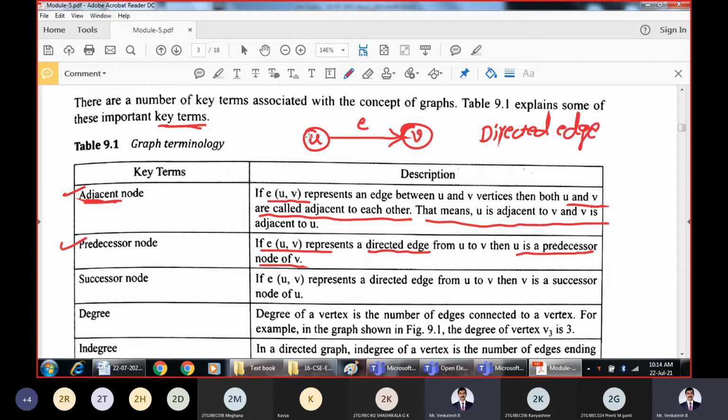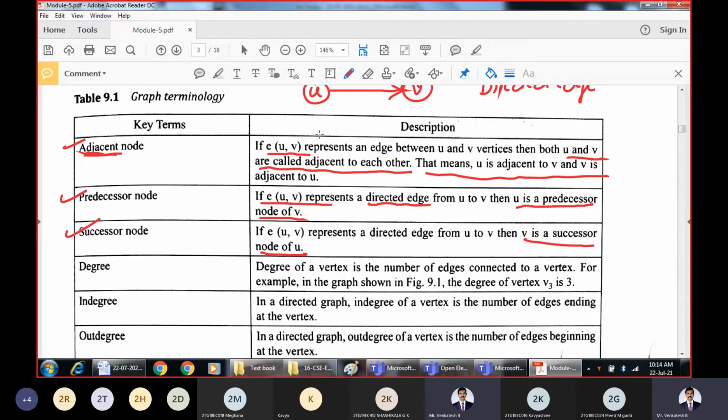So U is the predecessor of V. Similarly, another term, successor. In the same edge UV, if it is a directed edge from U to V, then V is the successor of U. That means V appears after U. That is another terminology.